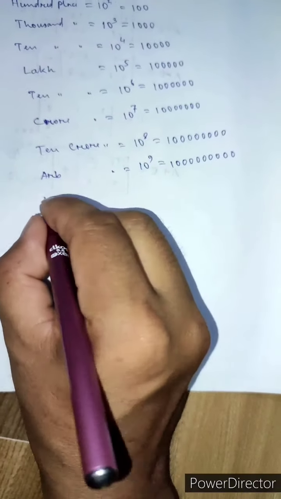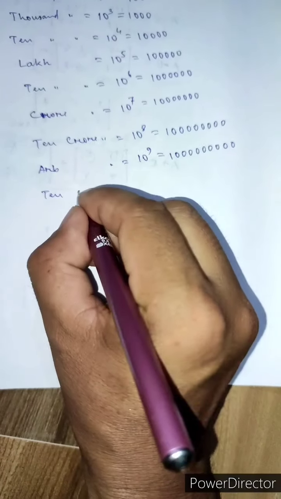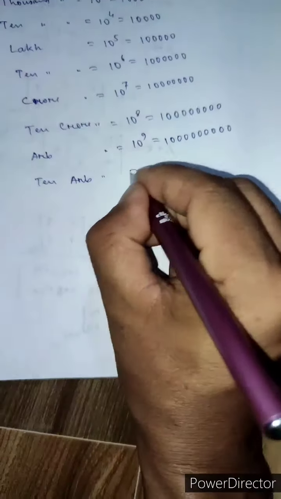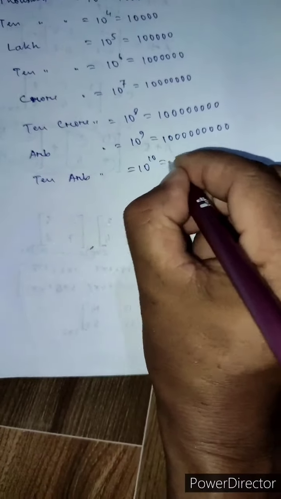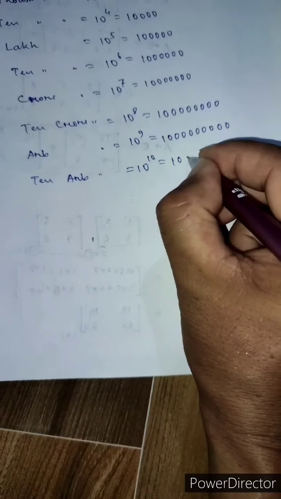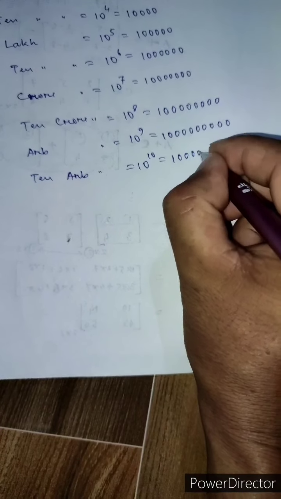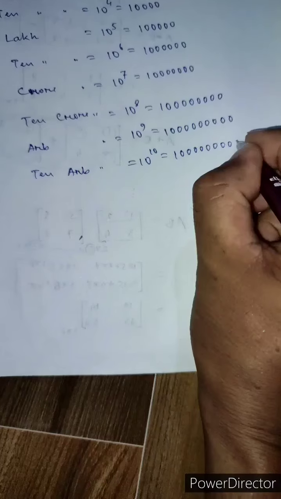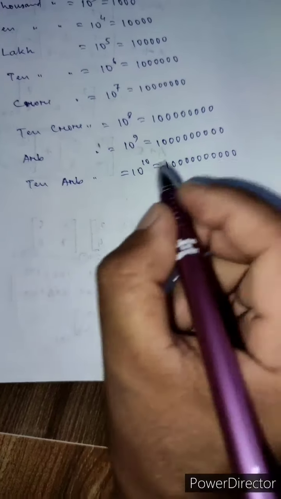After that we can go on to the next place, which is equal to 10 to the power 10. So 1 2 3 4 5 6 7 8 9 10 zeros.